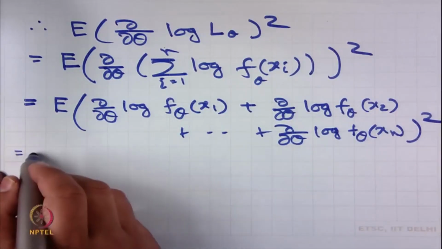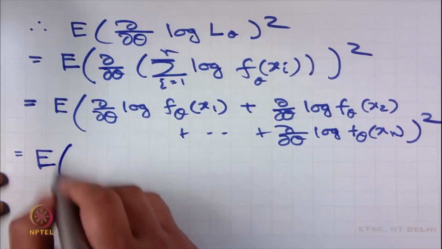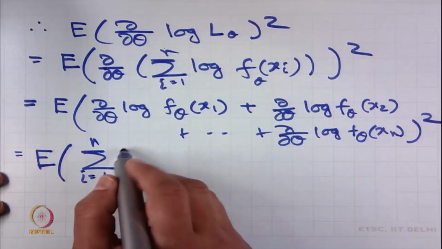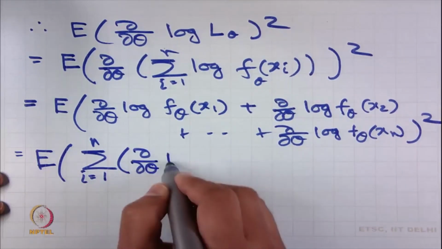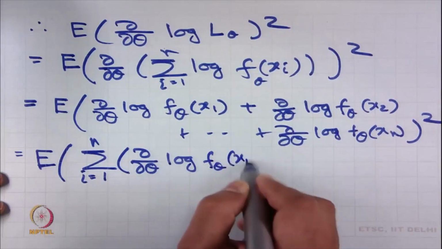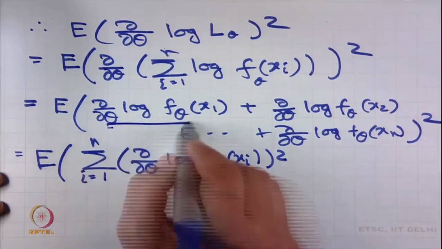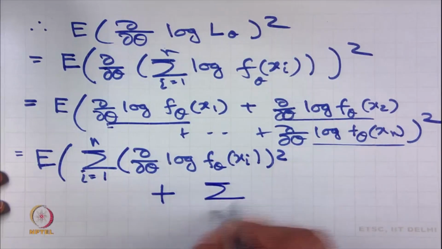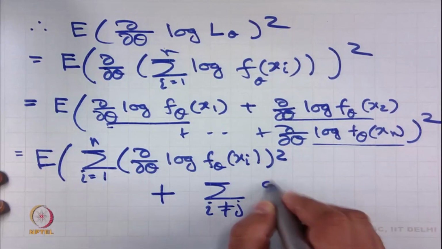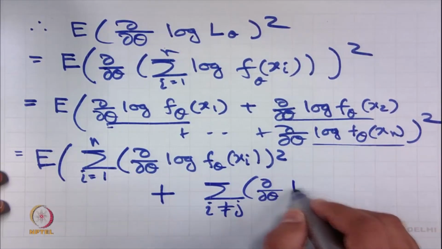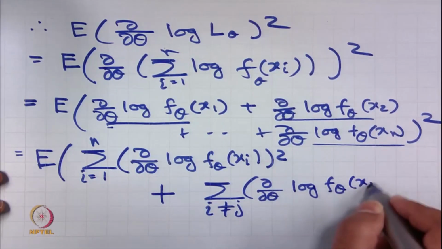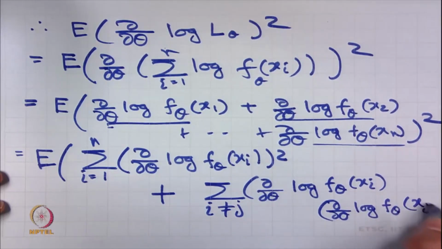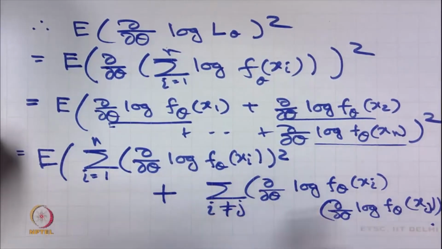So, this we are writing as expected value of sigma i equal to 1 to n del theta of log of f theta of xi whole square, because I am collecting the individual square terms, plus sigma over i not equal to j del theta of log of f theta xi into del theta of log of f theta xj, and I am looking at expectation of that one.